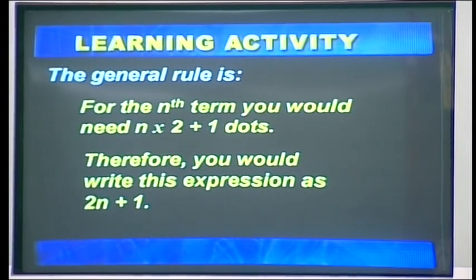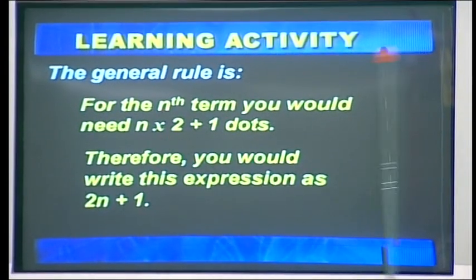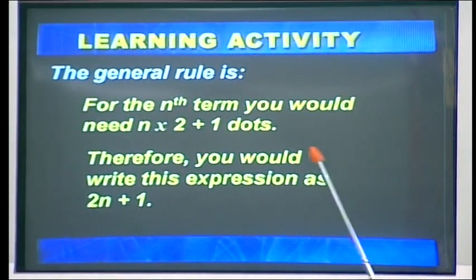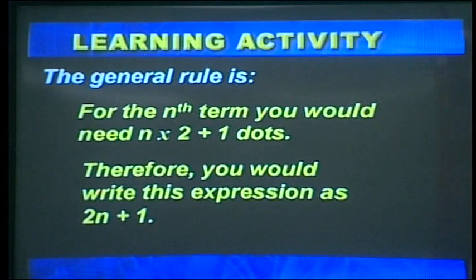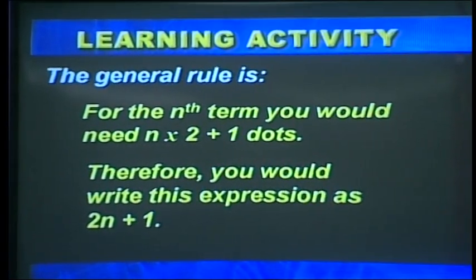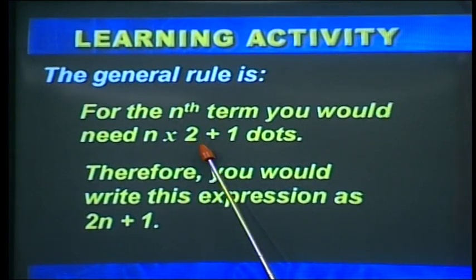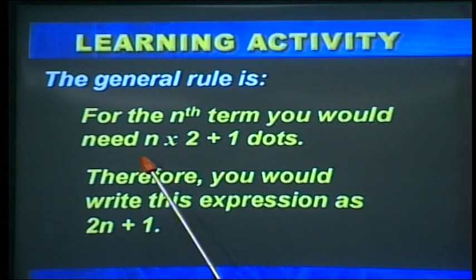Therefore, you would write this expression as follows. In your previous lesson, you learned about n times 2. When you are writing an expression, or multiplying algebraic expressions, we put these two together because we are multiplying.